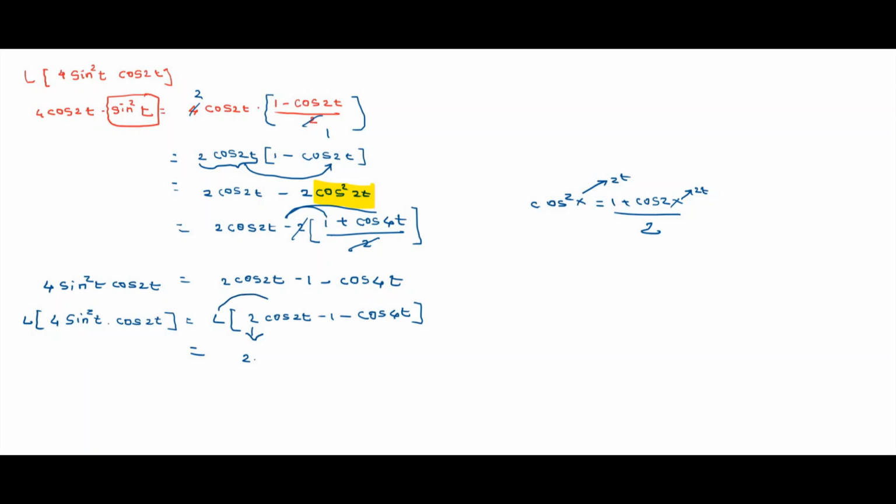The Laplace transform of cos 2t is s divided by s square plus a square, with a value 2, that is 4. Minus the Laplace transform of 1, which is 1 by s, minus the Laplace transform of cos 4t, which is s divided by s square plus 16. So this is the required solution.